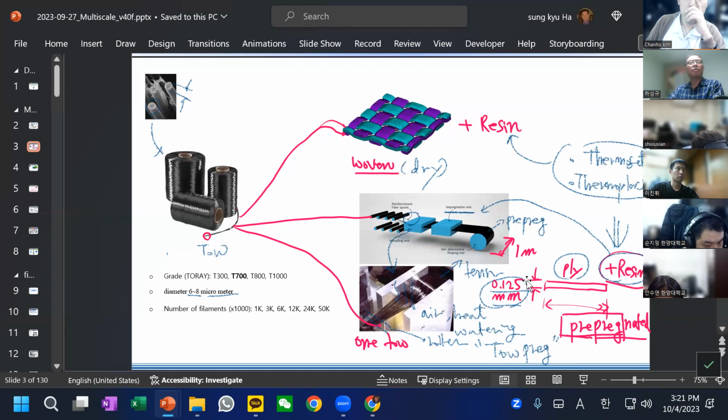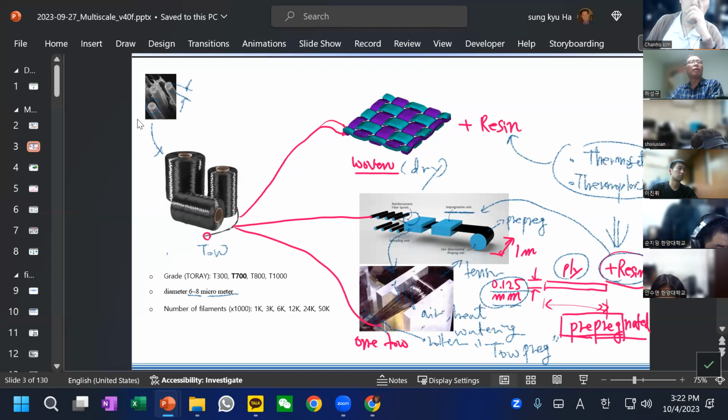This is a very important technology, followed by the resin impregnation. To make a large prepreg, like 1 meter wide, we can have many tows, and each one can be spread into a wide prepreg.